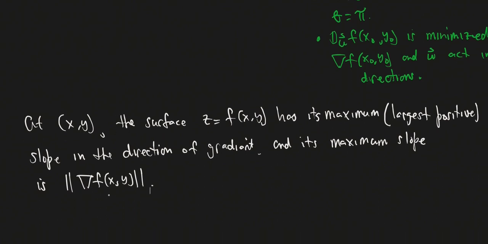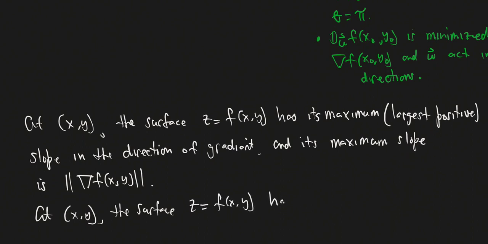And then similarly, let's write something similar for the minimum. So at x, y, the surface z equals f of x, y has its minimum, and in this case it's going to be the largest negative slope, because it's going to be the negative of this quantity here.